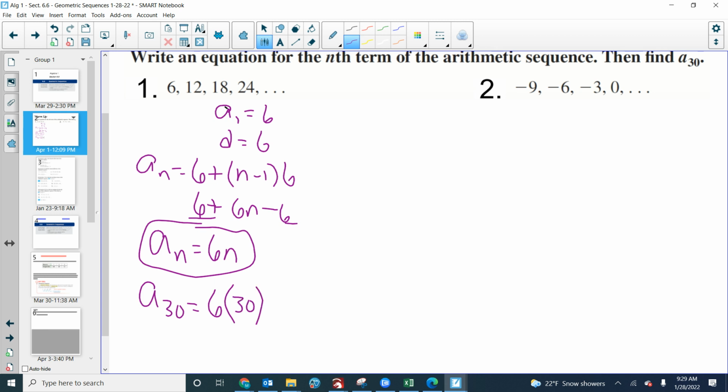You should be able to do that without a calculator. 6 times 30. What do you got, Aaliyah? 18, but then 180. 6 times 3 is 18. Then we want to add a 0.